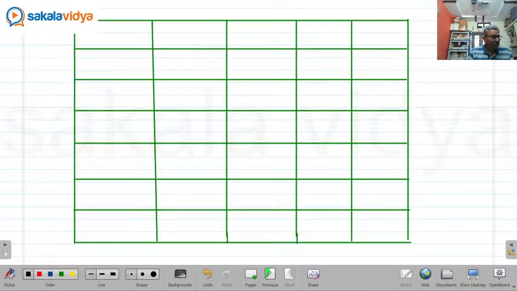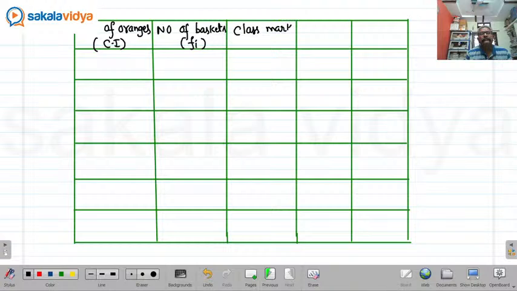Let us write. This is number of oranges, the class interval CI; number of baskets, the frequency fi; class mark or mid value, xi; and ui. ui is equal to xi minus a upon h, the formula we have.